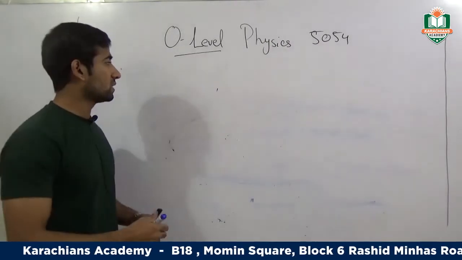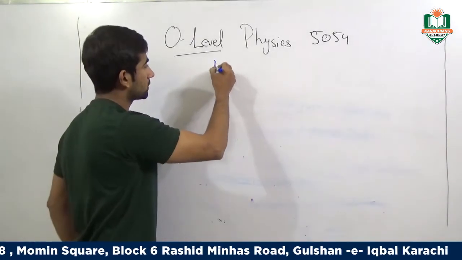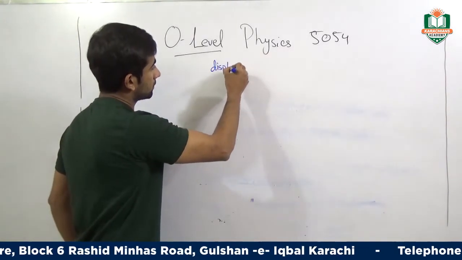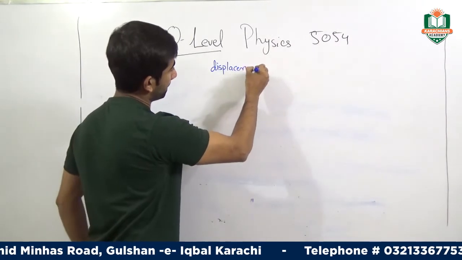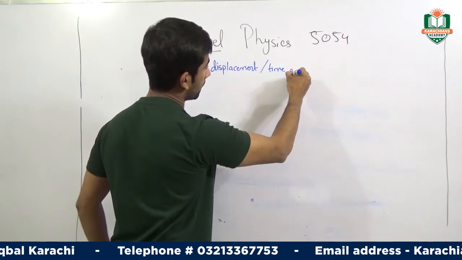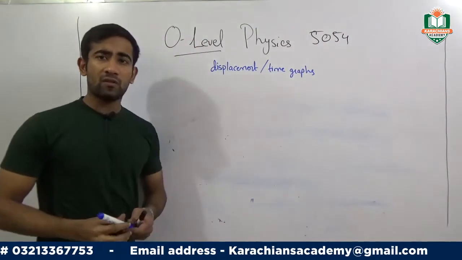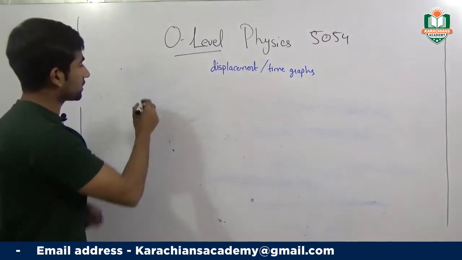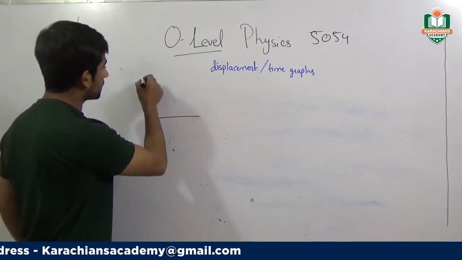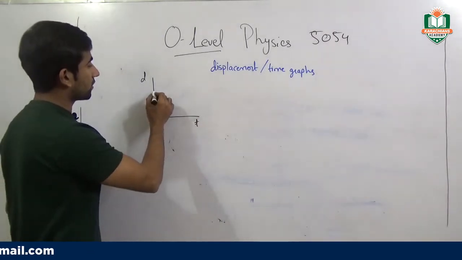So first of all, we will be doing the displacement time graphs. Okay, so we have different types of graphs. Let's say we will be taking displacement on the y-axis and time on the x-axis. Let's say we first have a graph like this.